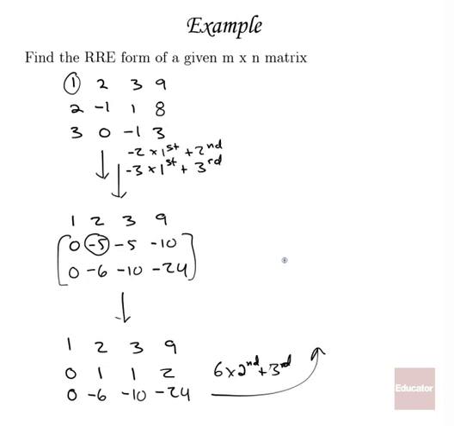So I end up with the matrix 1, 2, 3, 9, and then we're going to have 0, 1, 1, 2. And we're going to have 0, 0, negative 4, negative 12. Okay.